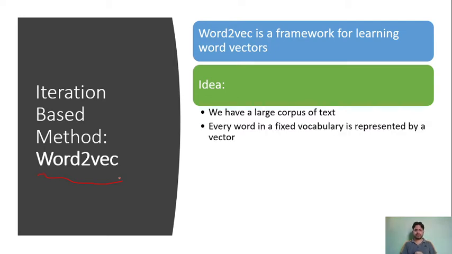Now we have to fix the representation vector. What should be the size of the representation? How can we fix it? It depends on how many properties we are looking for from a word. Suppose you want 300 properties, then the size will be 300.